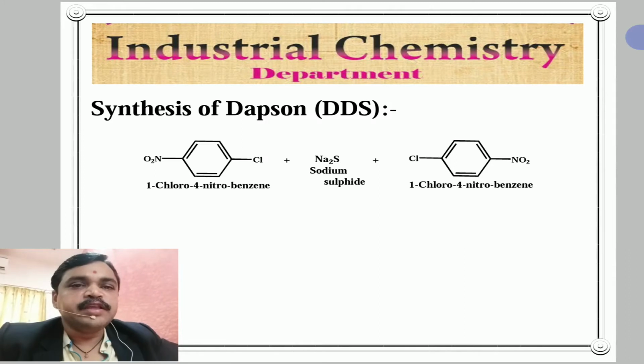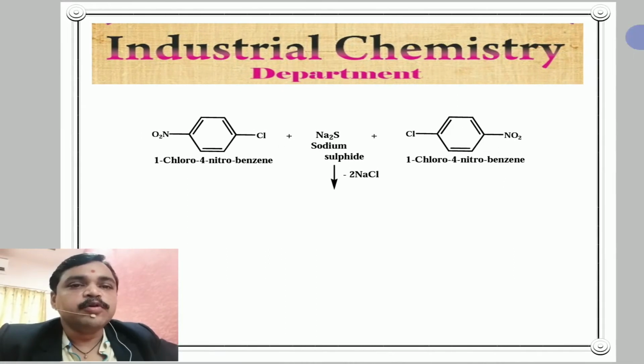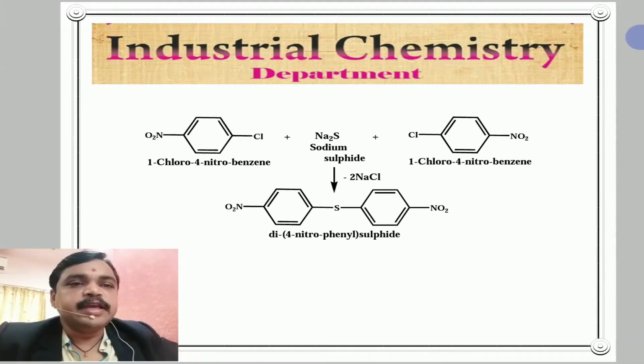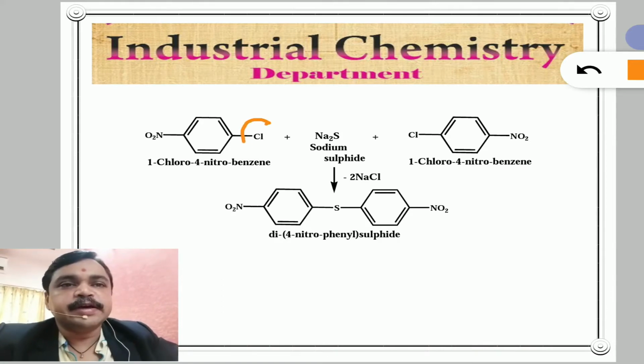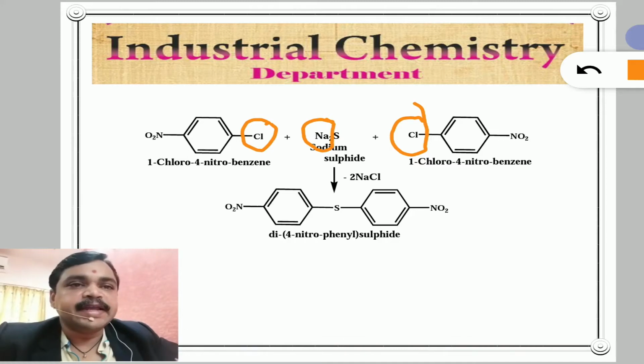The interaction between these 2 moles of 1-chloro-4-nitrobenzene and sodium sulfide removes 2 moles of sodium chloride and gives the product di-4-nitrophenyl sulfide. In this reaction, one chlorine from here and a second chlorine from here and 2 atoms of sodium from sodium sulfide are removed, and we get di-4-nitrophenyl sulfide.